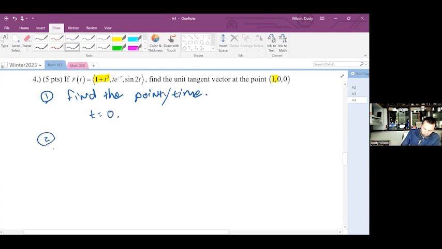So step 2, we want to find r prime of t.